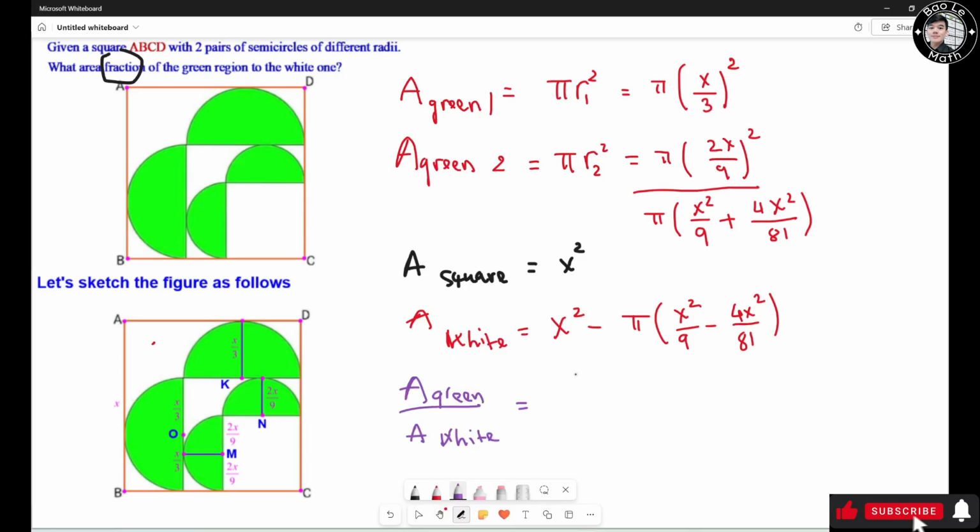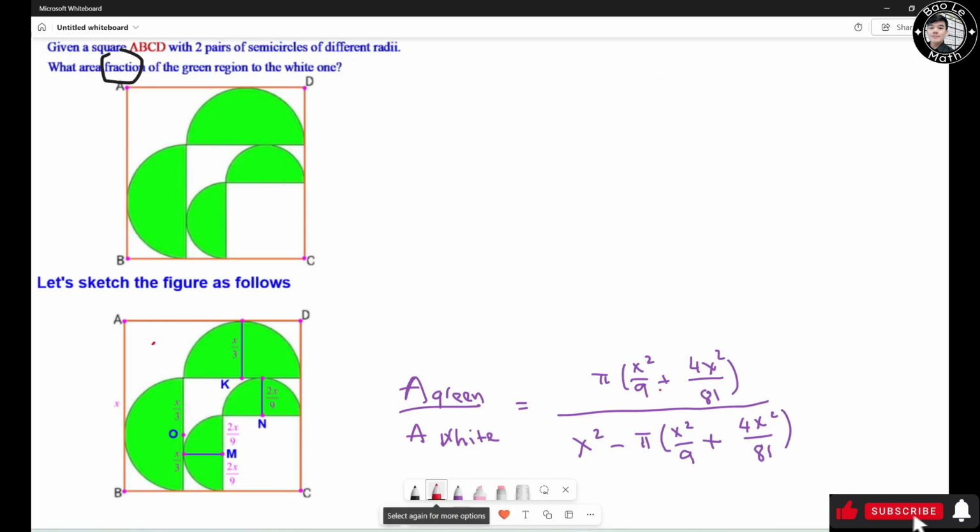So it's going to be pi times s squared over 9 plus 4s squared over 81, divided by s squared minus pi times s squared over 9 plus 4s squared over 81. This one should be addition in the parentheses.